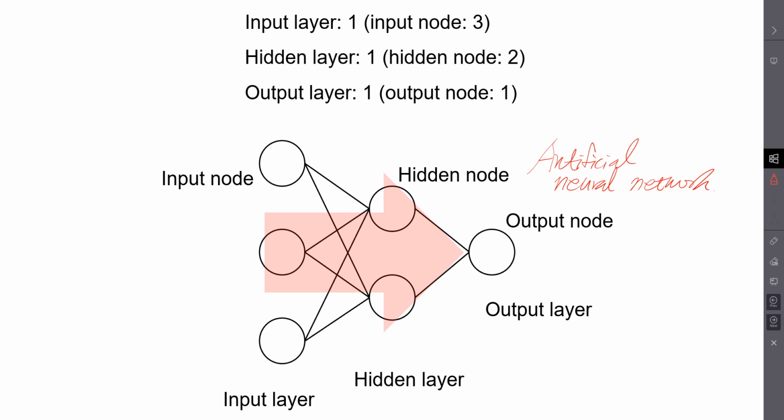So in our brain, neurons are connected together, and these circle here are called neuron, or you can say node. And these nodes are connected to one another, and this connection is called edge.